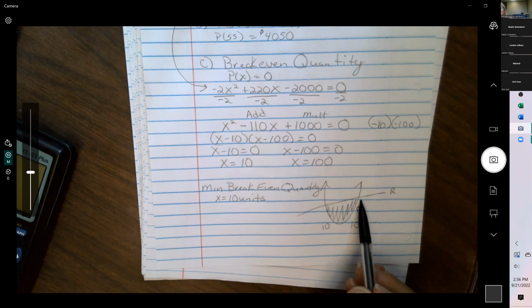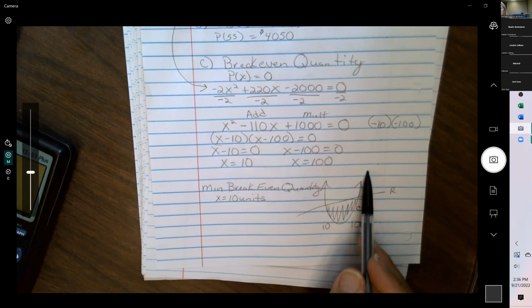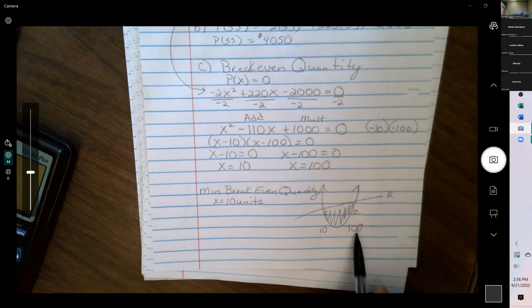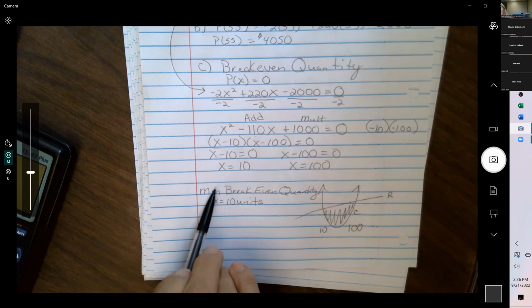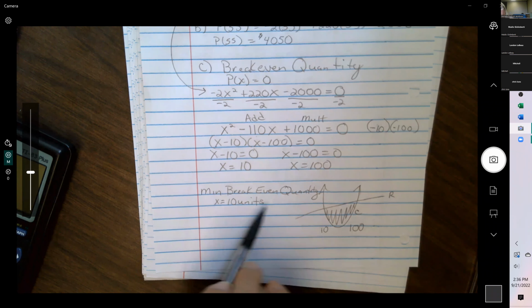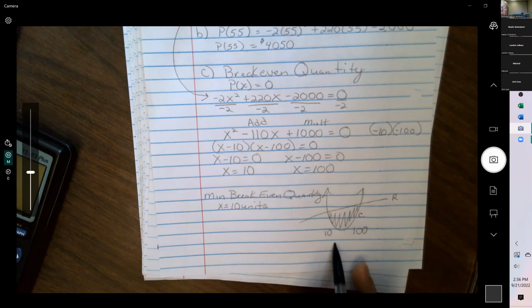But then when you hit this 100 mark, notice cost is way above it. This is where you start losing money. So if they're looking for a minimum break even quantity, that's the smaller of the two values. That's where you start making money. That's where you just broke even. This one is the one where you need the new version to come out.